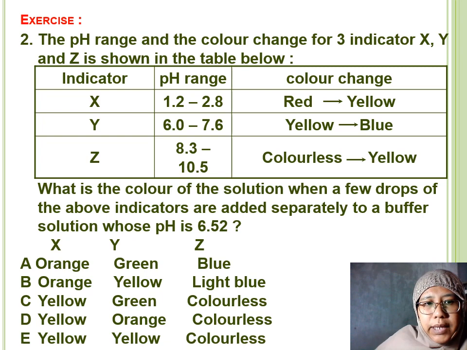So it's going to be C, D, or E. For 6.52, Y is going to be yellow. E. And Z, 6.52 is going to be colorless. The answer is E.